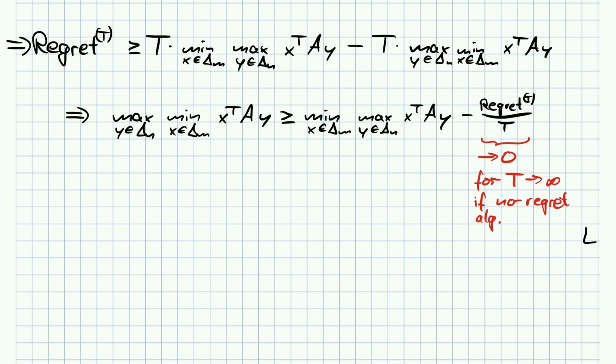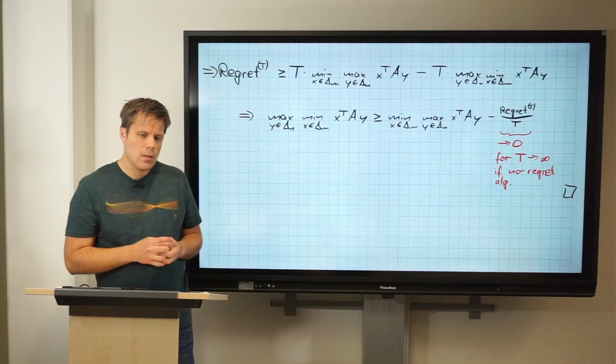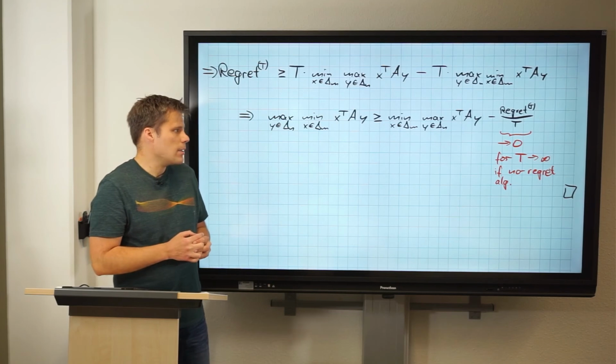And this means that this left-hand side has to be at least as big as this right-hand side, regardless, because this thing here we can make as small as we like, so this also has to hold if we put in a 0 there. Good.